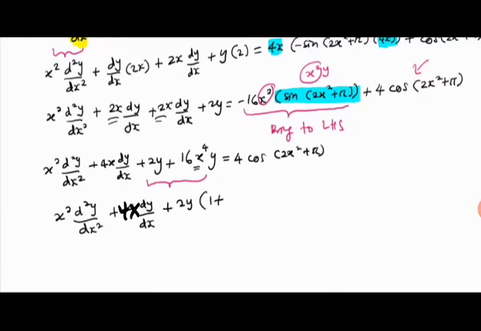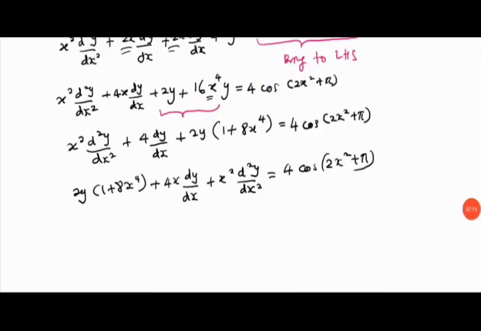Okay, so we have 1 plus 8x to the power of 4 equals to 4 cos 2x squared plus pi. And then let's rearrange. Okay, so rearrange becoming this. But before that, I seem to miss this x here. Okay, we have x there. Sorry. Okay, so this one is shown.